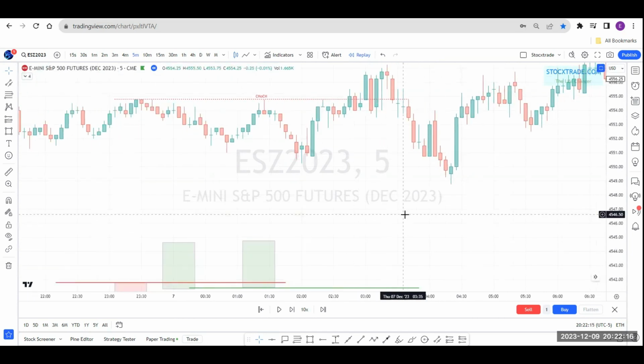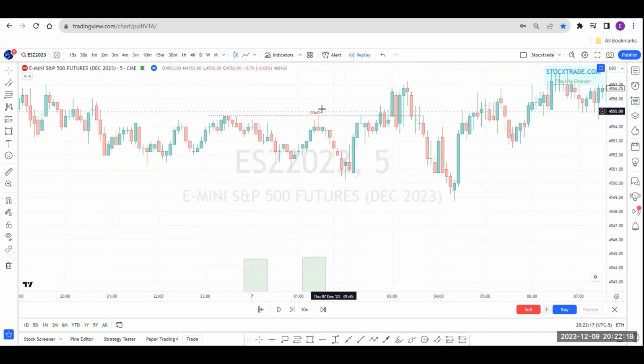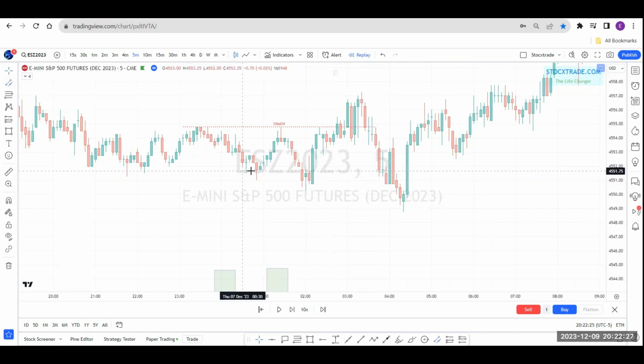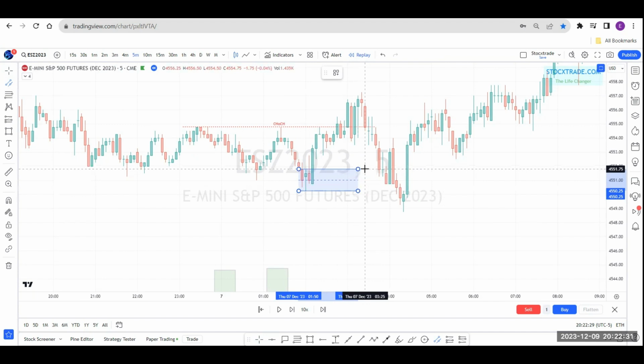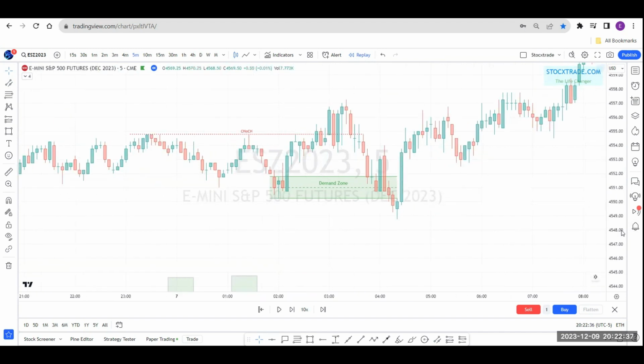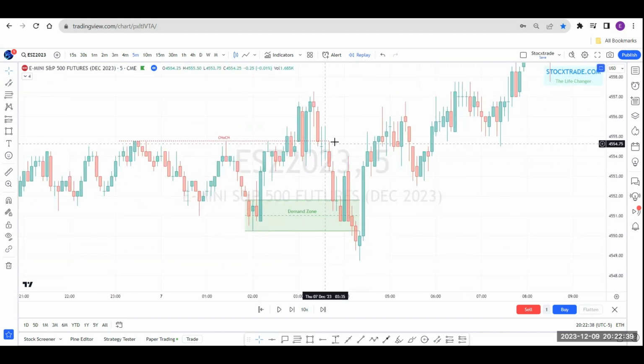Like here, you have the change of character. Now you are waiting for the trade. The price is coming down, down, down. You have your order block here. This last green candle is your order block.